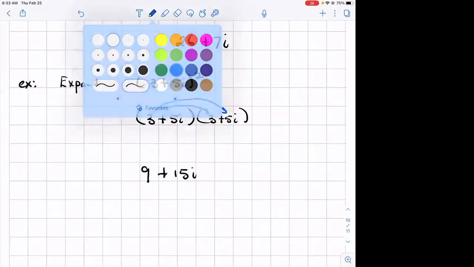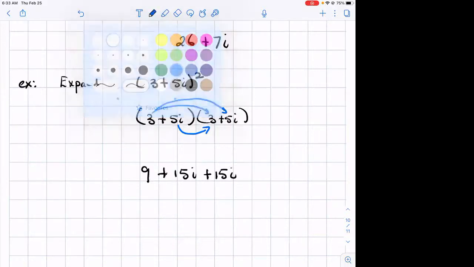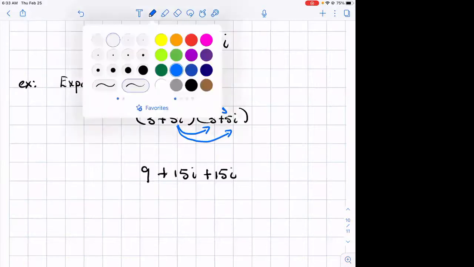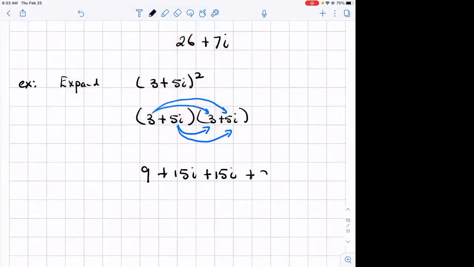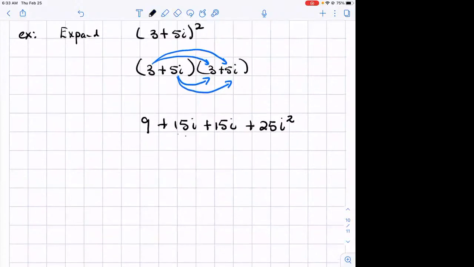And then we move on and we say 5i times 3, and that becomes again plus 15i. And then finally 5i times 5i positive, that becomes positive 5 times 5 is 25. i times i becomes i squared. Okay, we combine the like terms here.